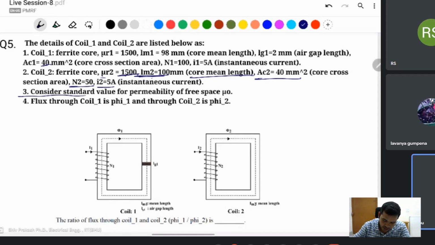Consider the standard value of permeability of free space, mu naught, which is 4 pi into 10 to the power minus 7 Henry per meter.